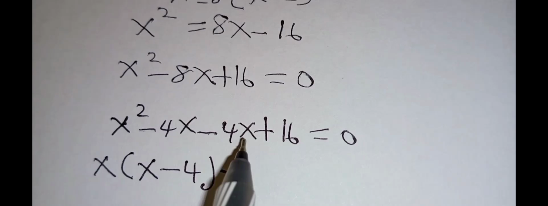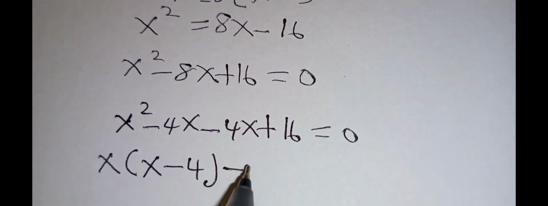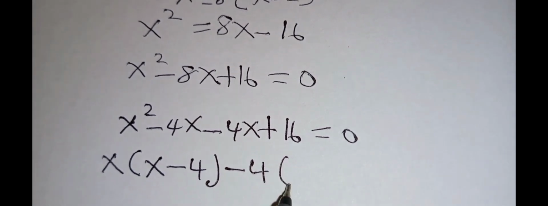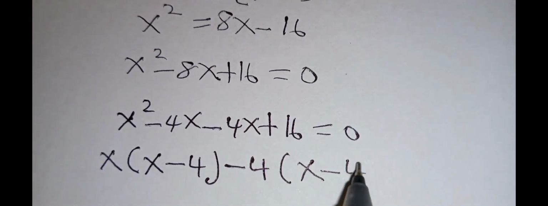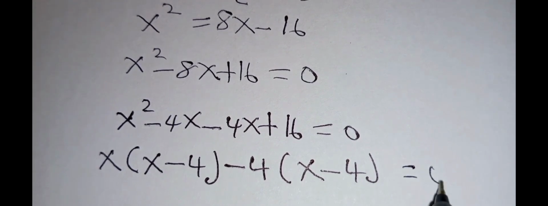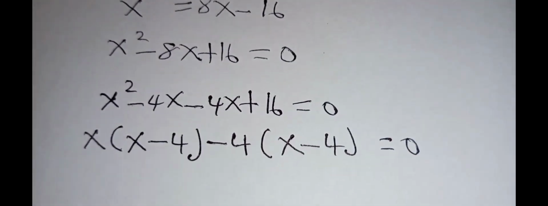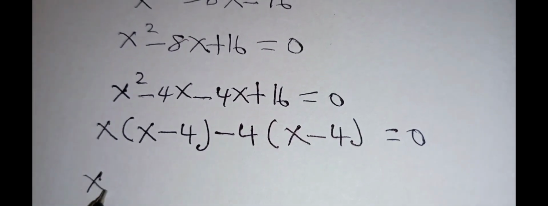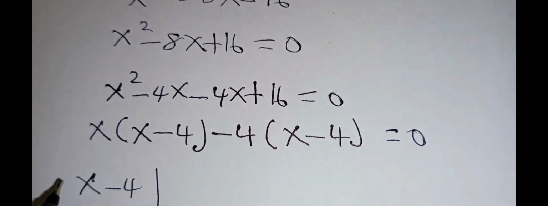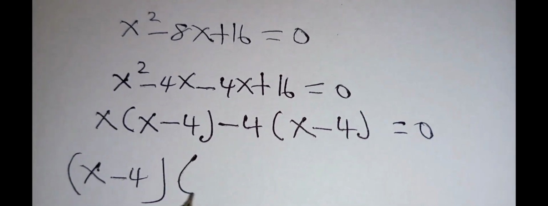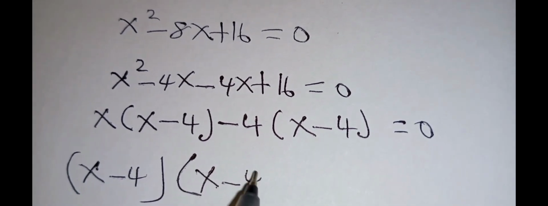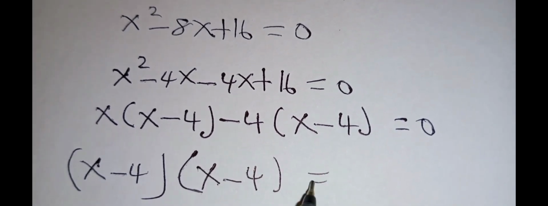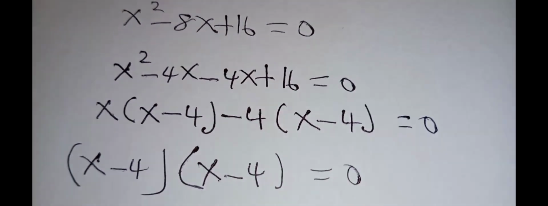In the last two terms, negative 4 is common, so factorizing negative 4, you shall be left with x, then negative 4. This is equal to 0. So we can clearly see that x minus 4 is common. So in the first term, we are left with the x, and in the last term, we are left with the 4. This one is equivalent to 0.